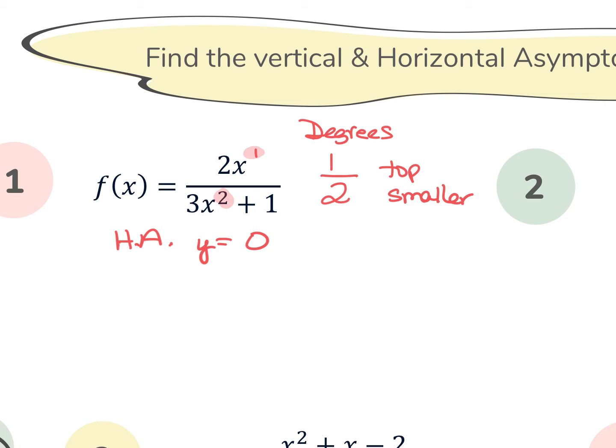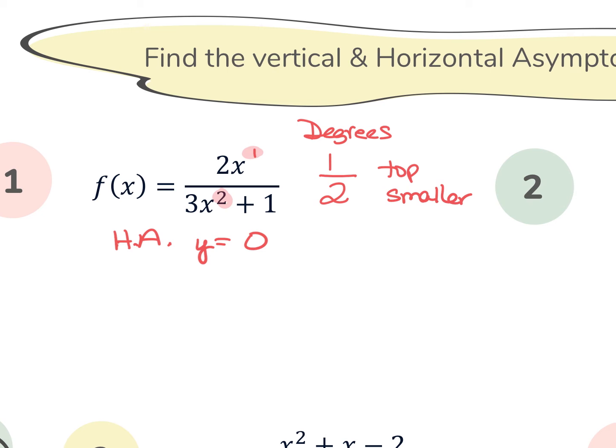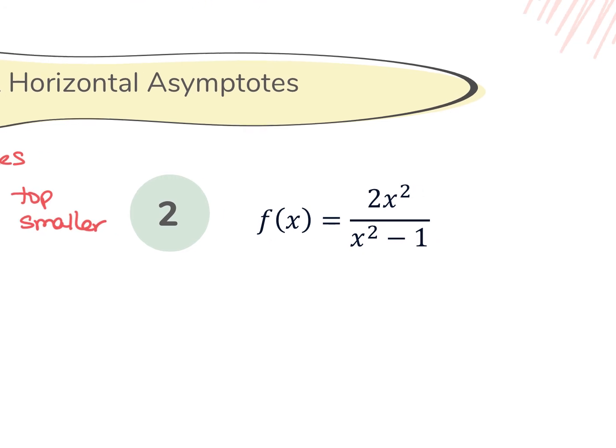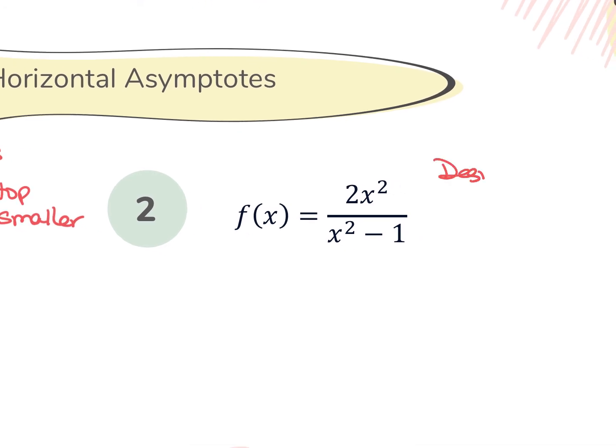Now let me just go through. I'm going to do all 4 horizontals first. Then I'll go back and do the verticals. For number 2, again, I'm looking at the degrees. The degree of the top is 2. The degree of the bottom is 2.